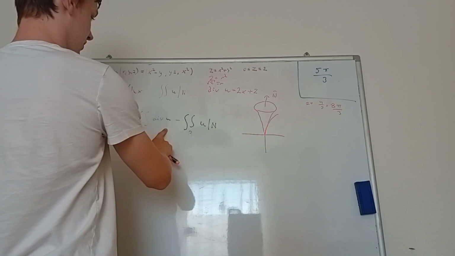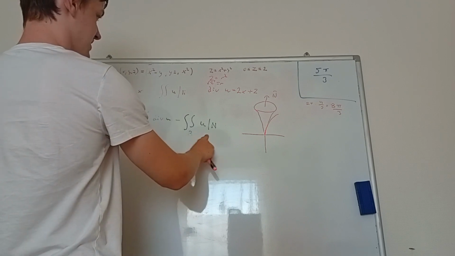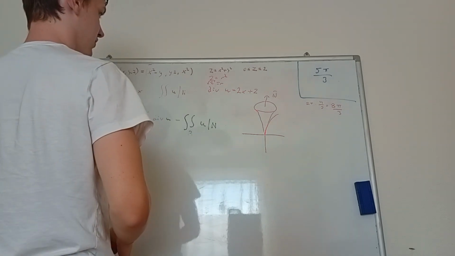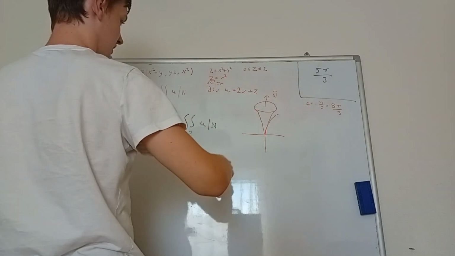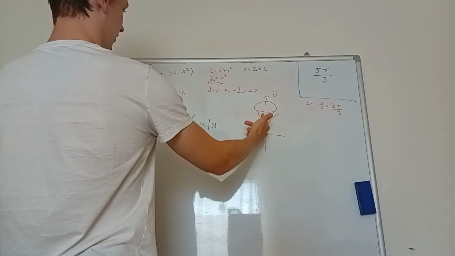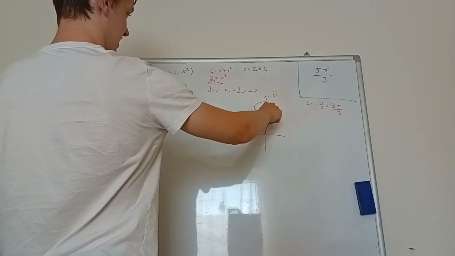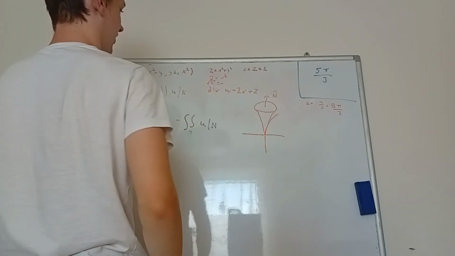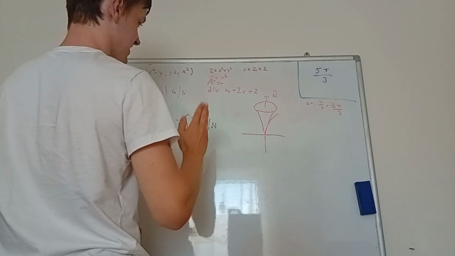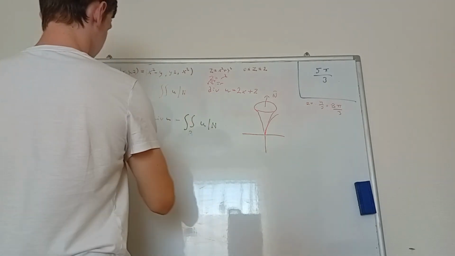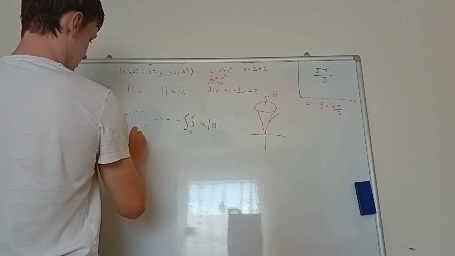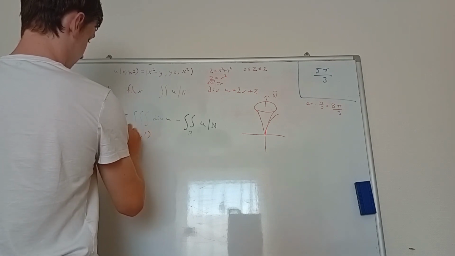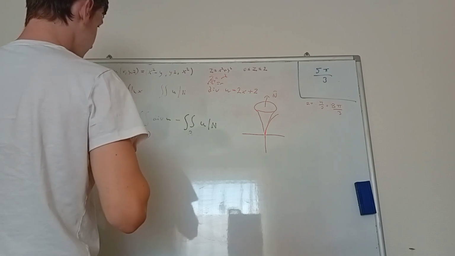So we got this component, and we just have to find this component. So first we have to see what is the normal of this cone. The normal of this cone is right here. So it's just pointing straight up along the z-axis. So the normal is going to be 0, 0, 1.